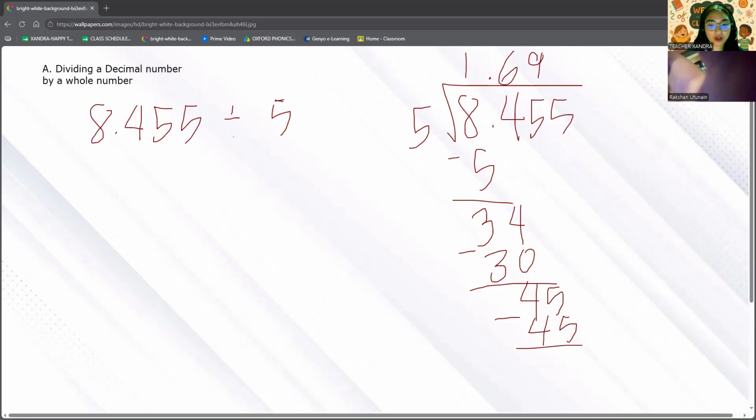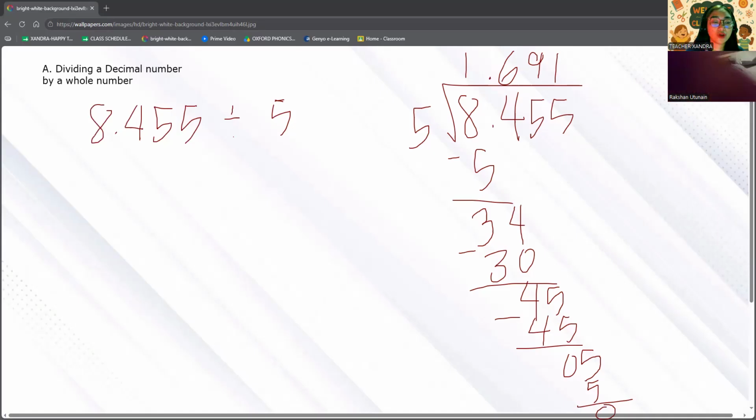So 45 minus 45 would be 0, but you still have 5, so you must bring it down. So divide 5 by 5, you get what, Rakshan? 5 divided by 5, 1. So 1 times 5 is 5, and that would be 0, so no remainder.